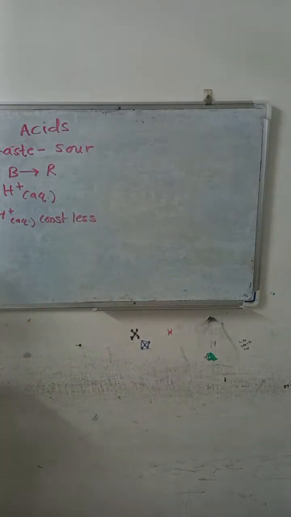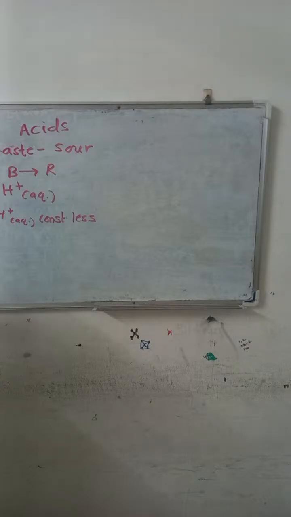That means what? In the laboratory we have some acids. They are concentrated acids as well as diluted acids. Concentrated and diluted means what? We are adding more water or more liquid into the acid, so they become diluted. Their intensity gets decreased, means H plus ion concentration we are decreasing.